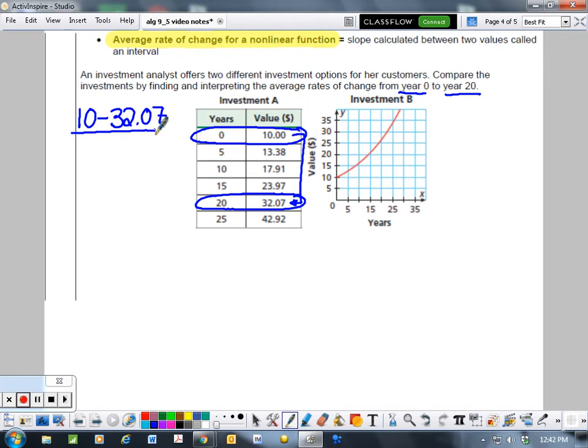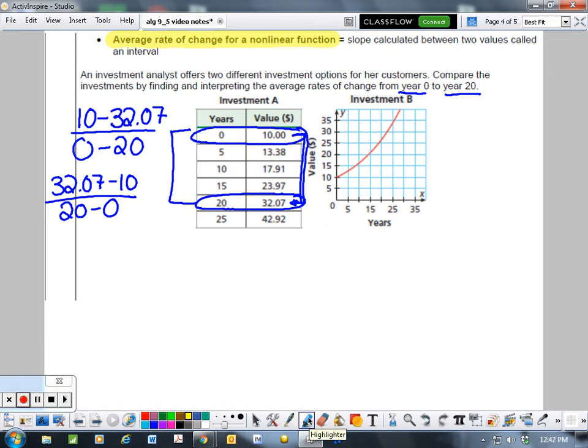Because when I subtract these, I'm also subtracting these. So it would be 0 minus 20. Now I don't have to set it up that way. I could set it up the other way and we'll end up with the same answer. I could do 32.07 minus 10 over 20 minus 0. The thing that you have to remember is when you're calculating slope, if I use 10 first, 0 has to come first.